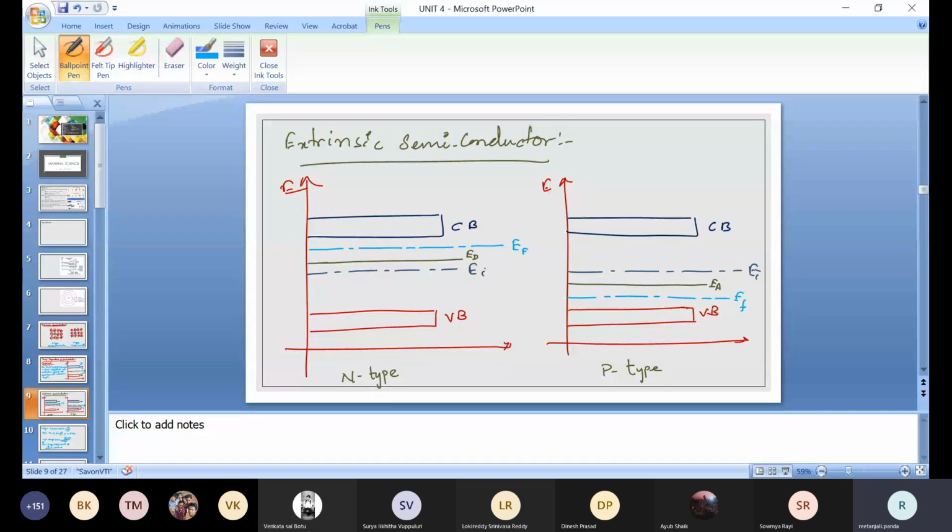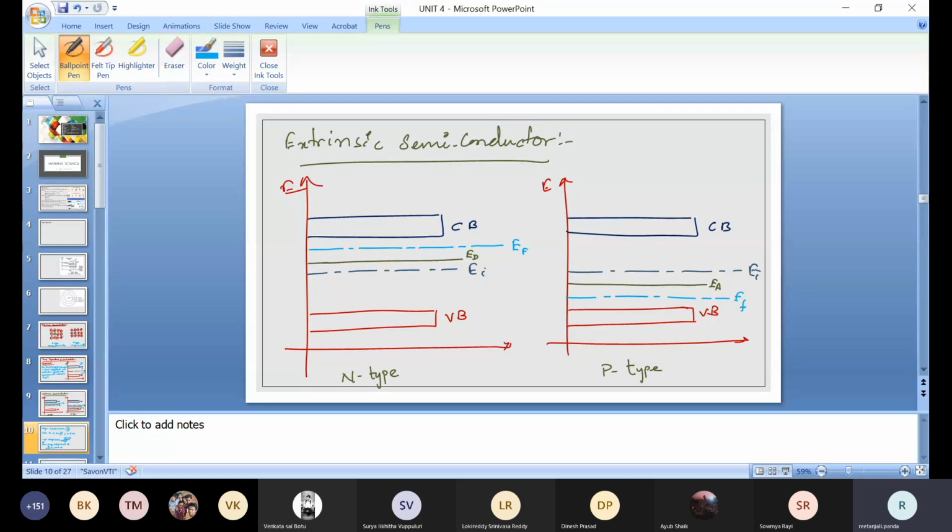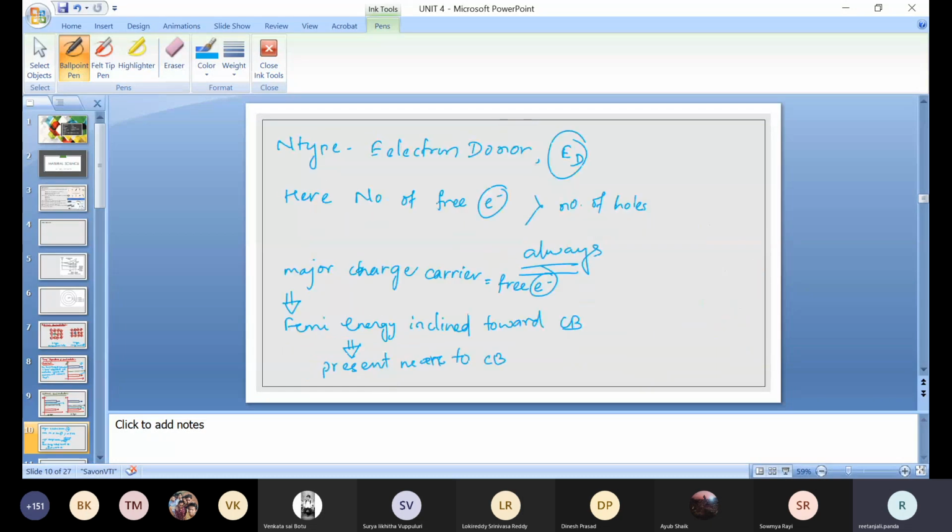So as I told you, if I increase the temperature, the number of holes is also going to increase, which means the Fermi energy will incline towards the valence band.